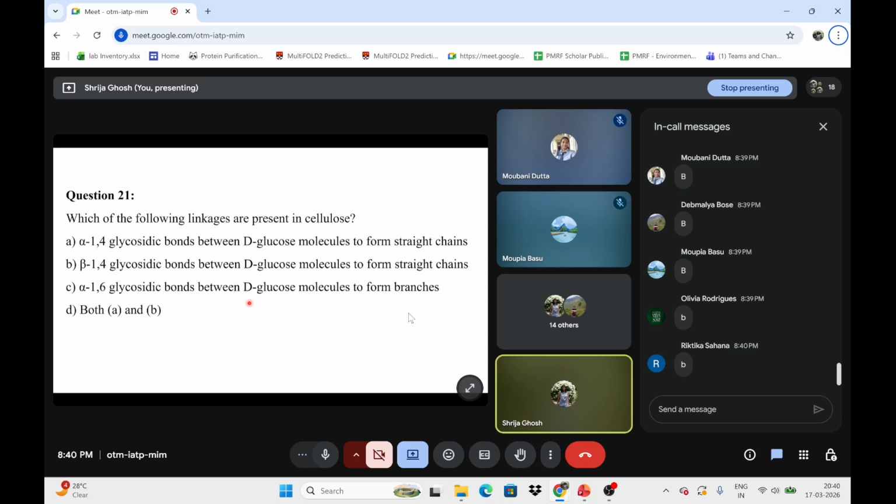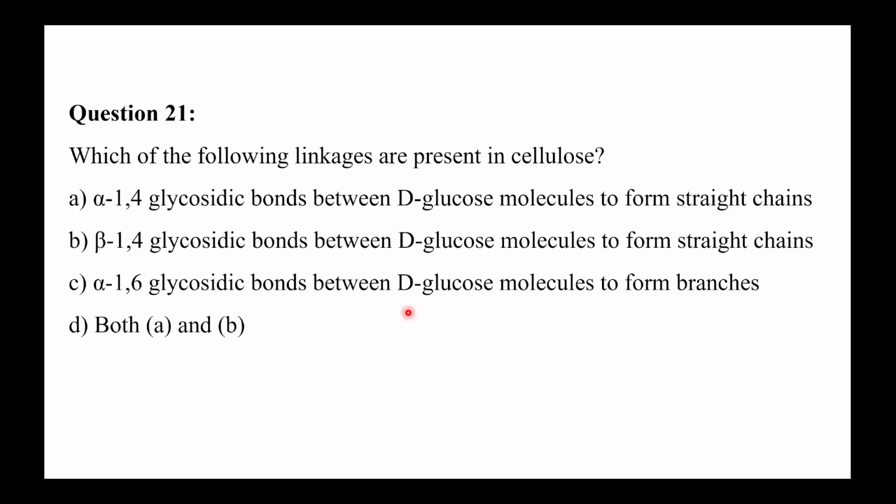Okay. So most of you have answered option B, beta 1,4 glycosidic bond between D-glucose molecules to form straight chain. That is the correct answer.